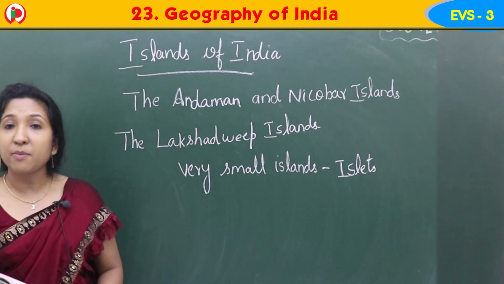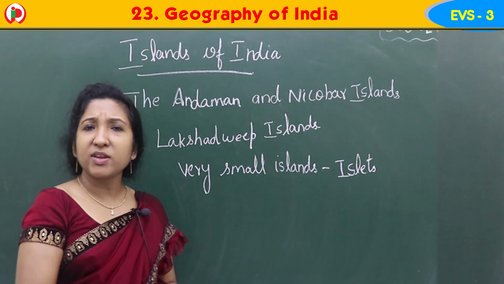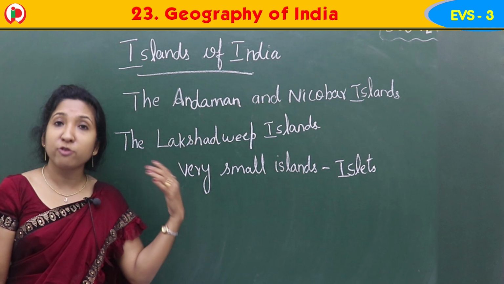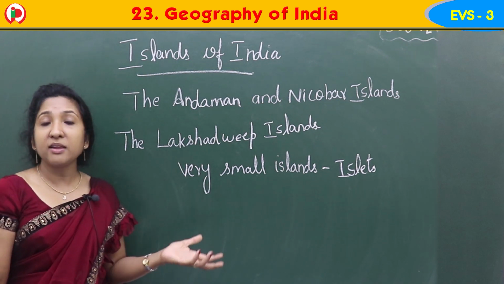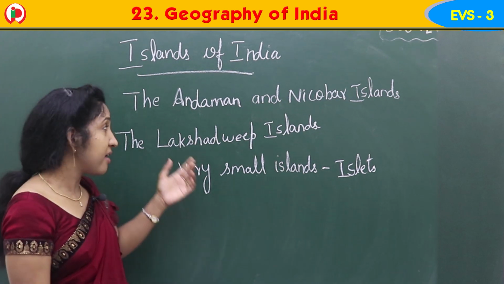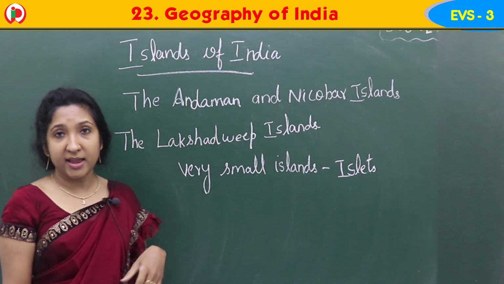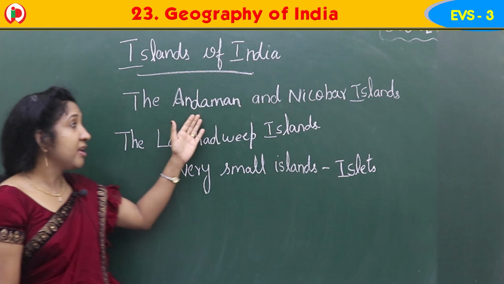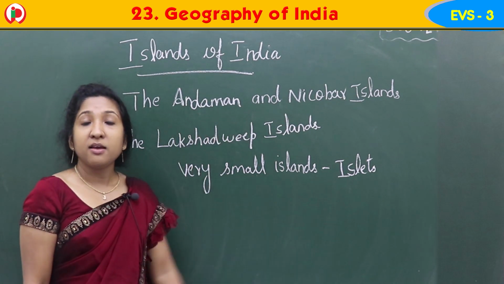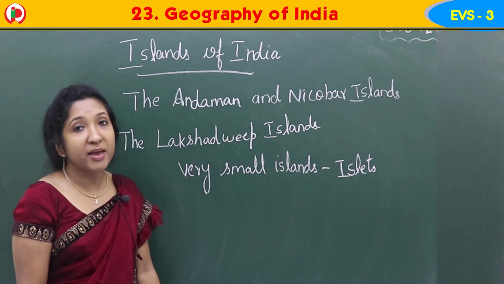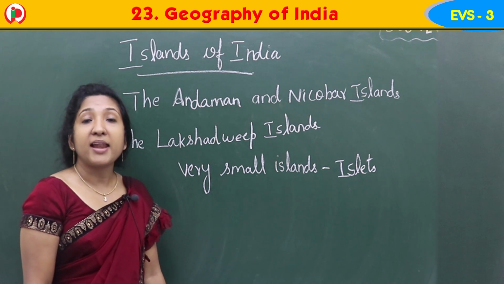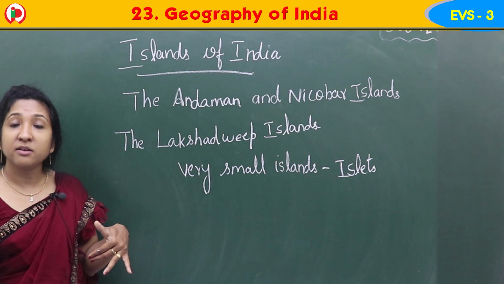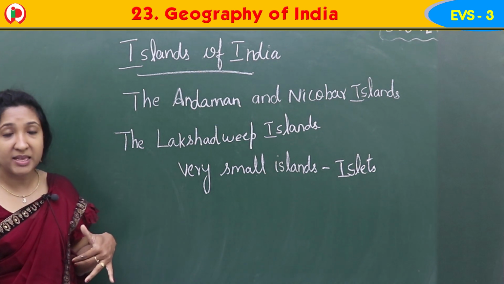Yes, so that is about islands of India. They are small land covered by water on all the four sides, and two main islands of India are the Andaman and Nicobar Islands and the Lakshadweep Islands. Andaman and Nicobar Islands we can see in the Bay of Bengal on the eastern part, and Lakshadweep Islands on the western part, the Arabian Sea.